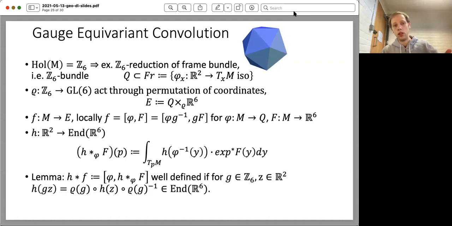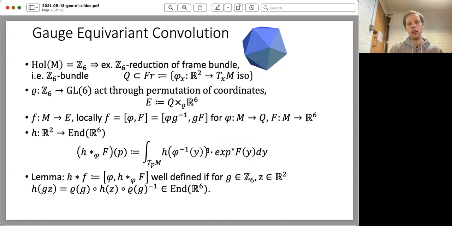Now I can define a convolution. First I define a convolution between some function h and the capital F, and then we use it to get a convolution of h and little f. The convolution of h and capital F is defined like this. It depends on phi, and it's an integral over TPM. One part is easy: that's the pullback of capital F. F was a function on M, pulled back it's a function on the tangent space, taking values in R6.